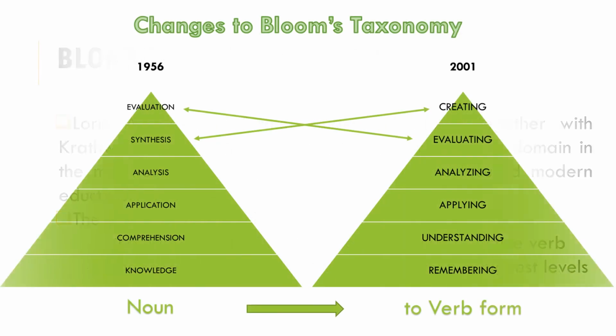Here is a picture of the changes in Bloom's taxonomy. Before, we used nouns: knowledge, comprehension, application, analysis, synthesis, and evaluation. For the 2001 revised Bloom's taxonomy, we revised the terms so that they become active verbs, which is why we use the ing form.